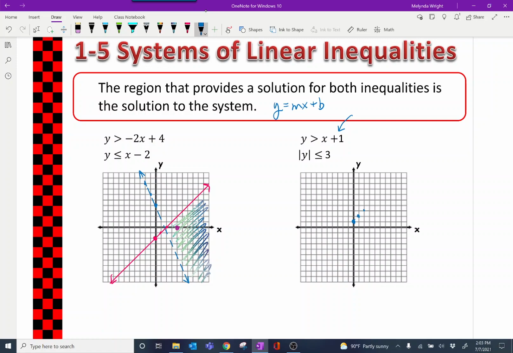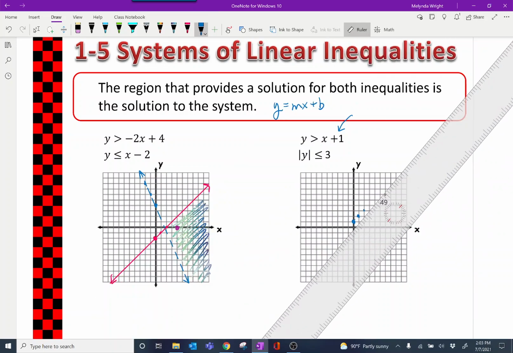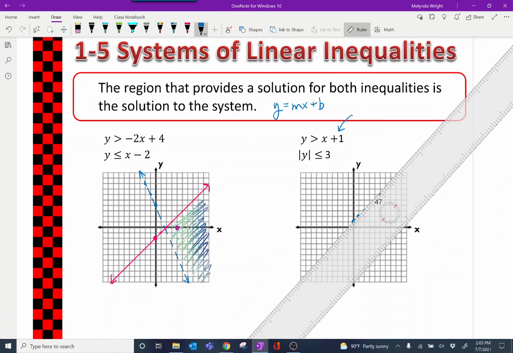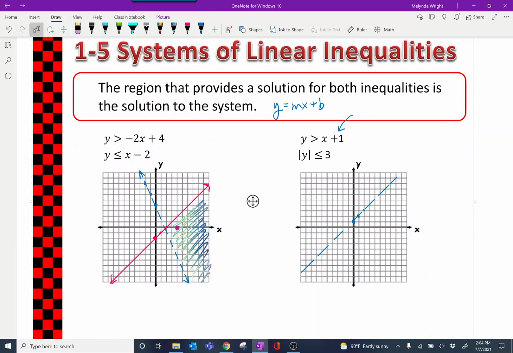So let's see, this is going to be a dotted line. So let's get our ruler. Okay, so this is going to be a dotted line. All right.